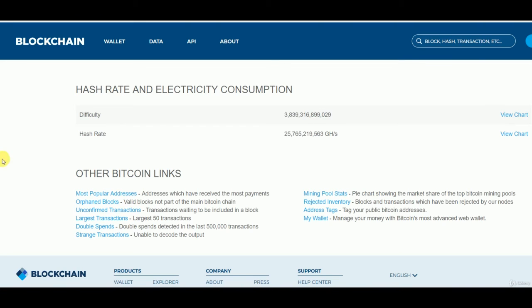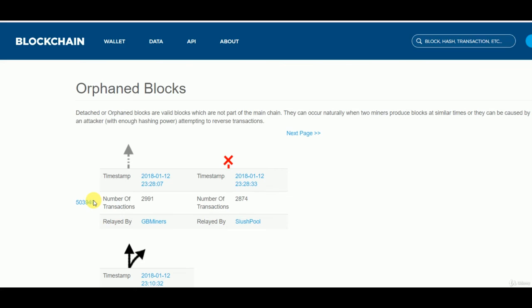So what do you mean by an orphaned block? An orphaned block is a block which doesn't have a parent, or which is detached from the main chain. That is called an orphaned block. In the next video we will see the longest chain rule.